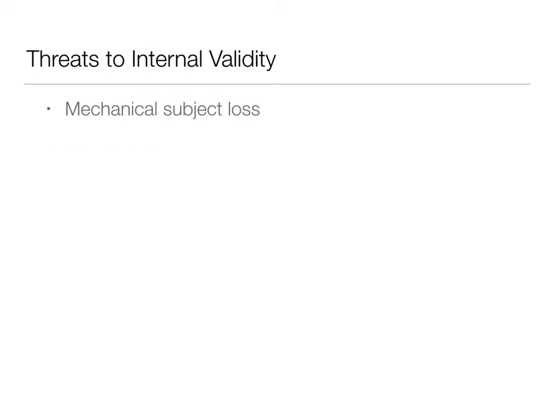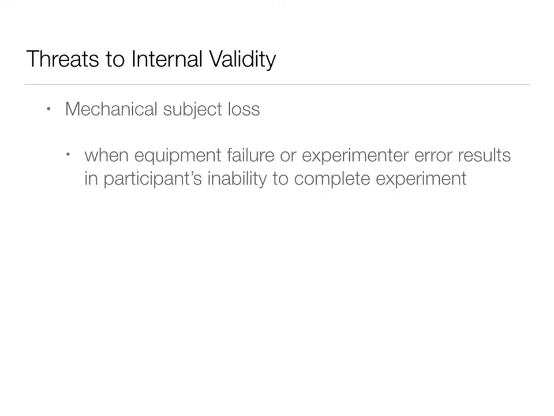So mechanical subject loss is when there's equipment failure or experimental error or something that influences a participant's ability to complete the experiment. So in my research, the way it's set up is infants come to a lab, they sit on their parents' lap, and we show them pictures on a computer screen, and we record how long they look at it.